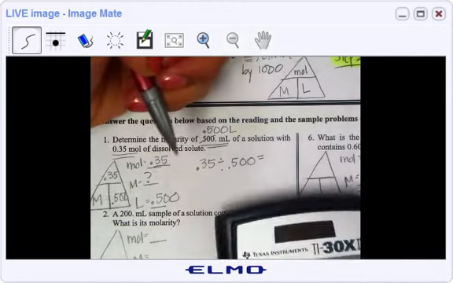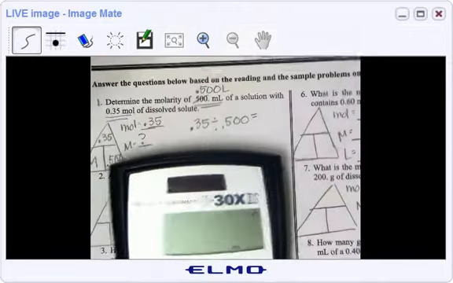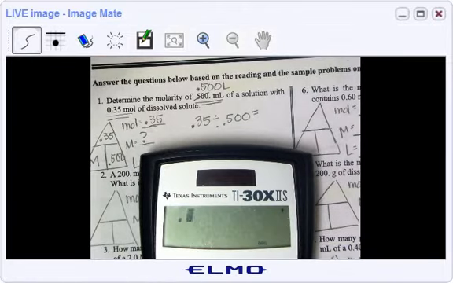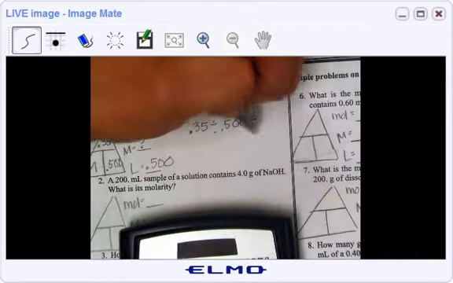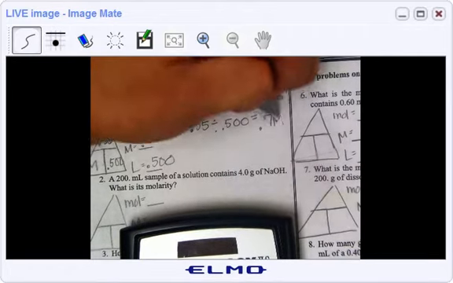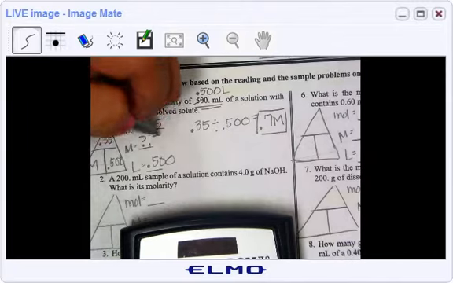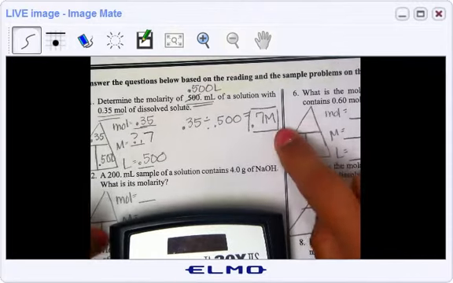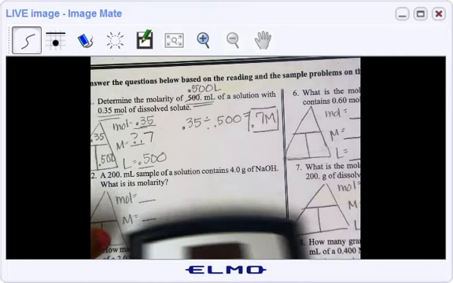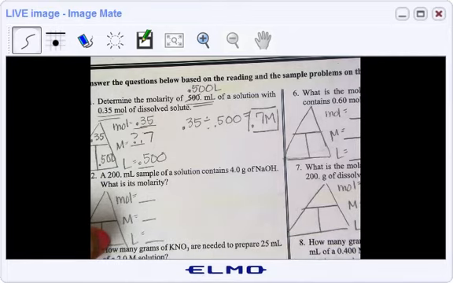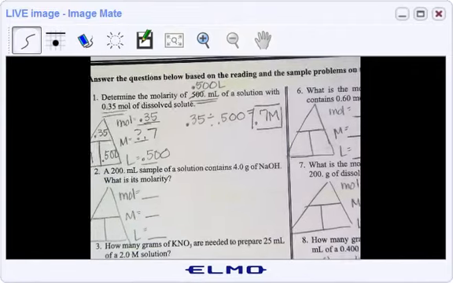Go ahead and type that into your calculator. 0.7. 0.7 molarity. That equals 0.7. Please box your answers or circle them if I'm unable to find your answer and it's not clear, or if I do not see any calculations or work, I am not giving you credit for it.